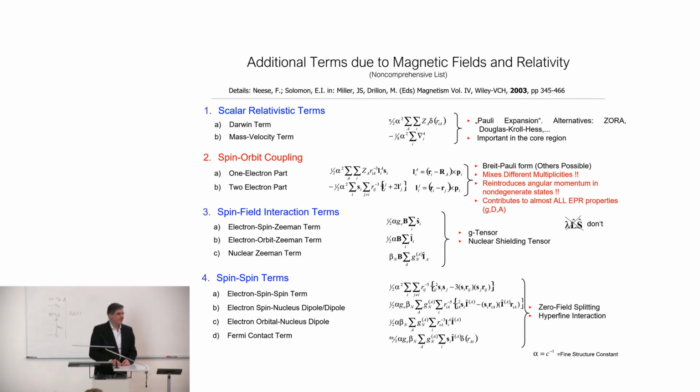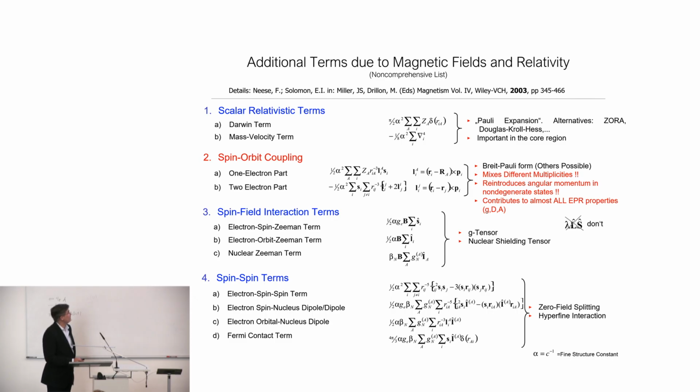Unfortunately, it turns out that there are multiple ways in which you can do the decoupling of the relativistic degrees of freedom and the non-relativistic degrees of freedom, and this is based on the oldest of them, the so-called Breit-Pauli expansion. The Breit-Pauli expansion unfortunately diverges for heavy elements, and so that is still a research field in relativistic quantum chemistry, and new expressions for that emerge all the time.